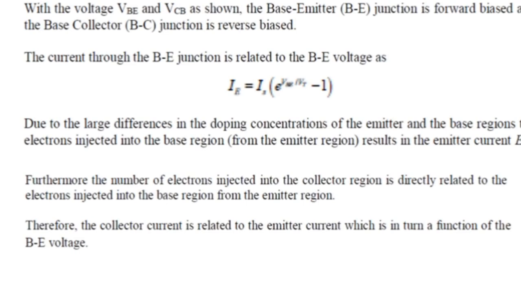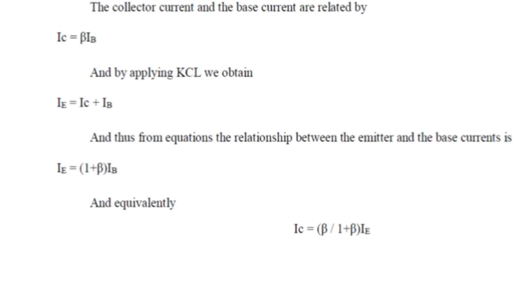Also, the number of electrons injected into the collector region is directly proportional to the electrons injected into the base from the emitter region. The relationship between the base current and the collector current is IC equal to beta into IB, and applying KCL, IE is equal to IC plus IB.